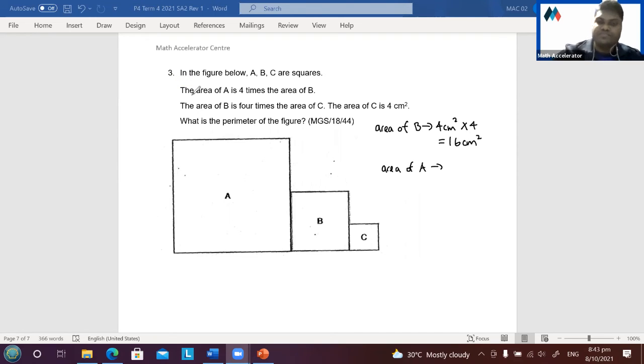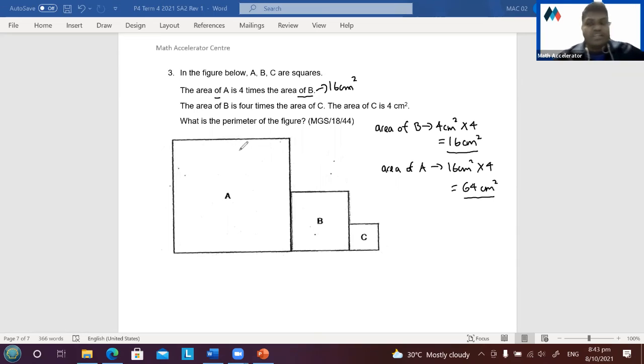Okay, Ahmad, no. Area of A is 4 times the area of B. The area of B is 16 cm squared. So area of A is 4 times the area of B, means you must take 16 cm squared times 4. That will get you 64 cm squared.